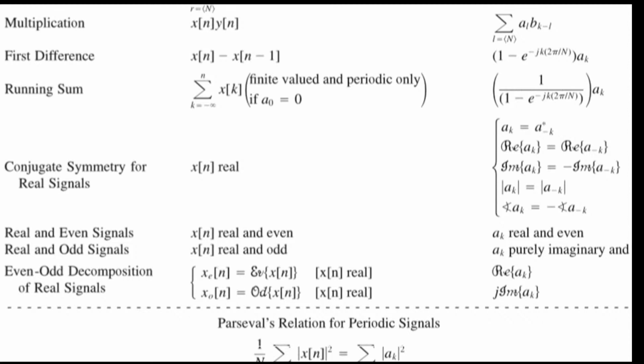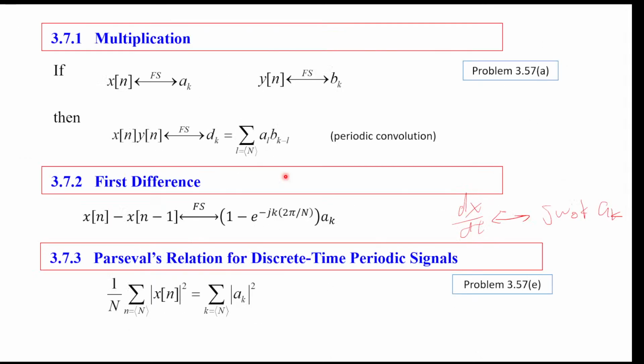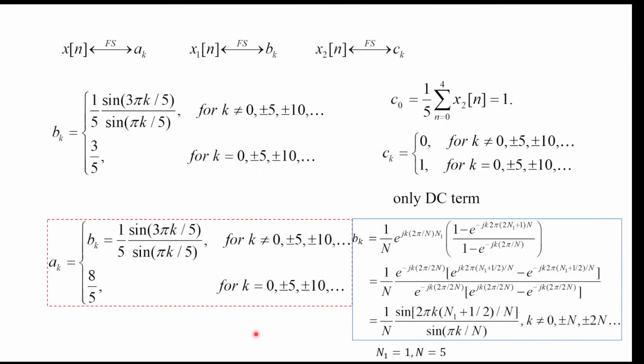This real and imaginary, or even-odd, analysis is the same as in the continuous-time case, and the Parseval relationship is also very similar. We will focus on the different parts next time. The multiplication is a bit different, although very similar, and the differentiation and the difference are different, and Parseval is basically the same.